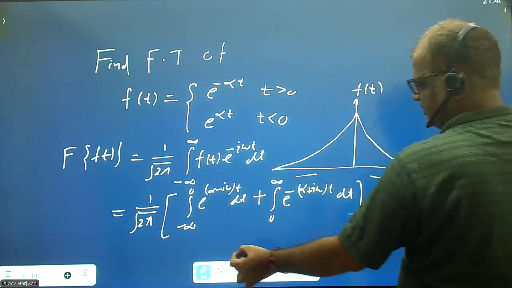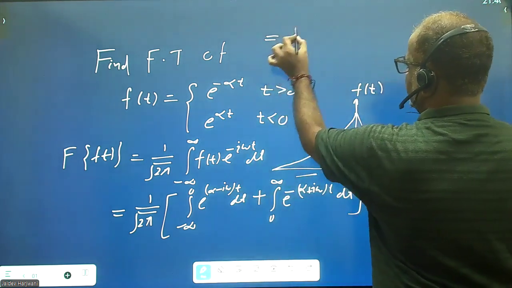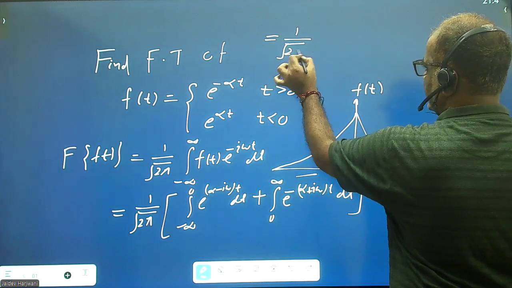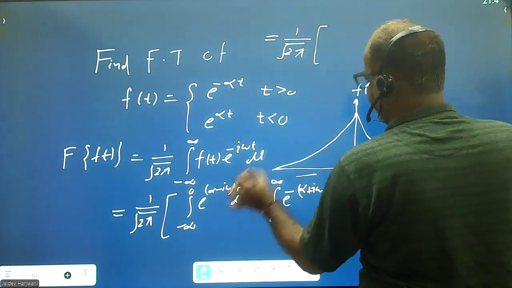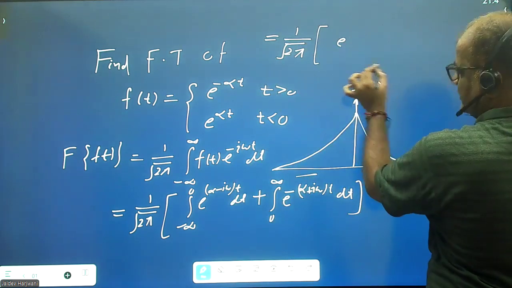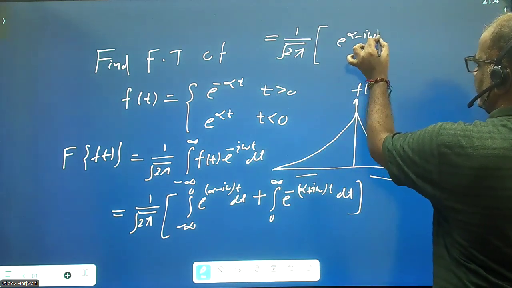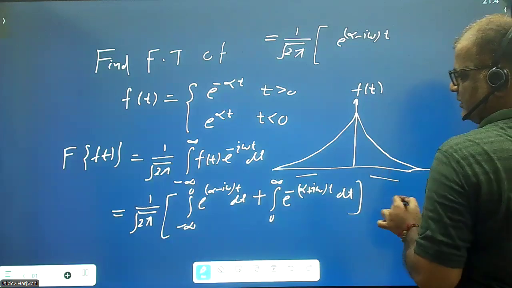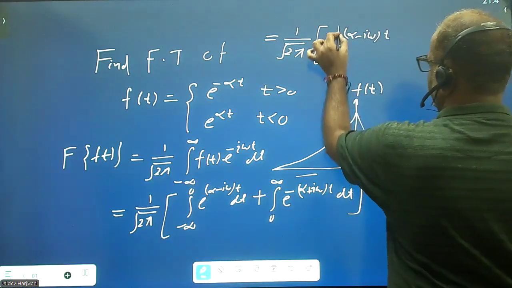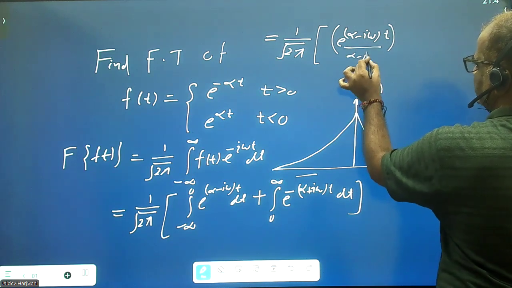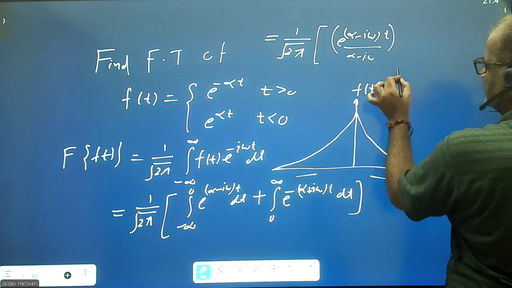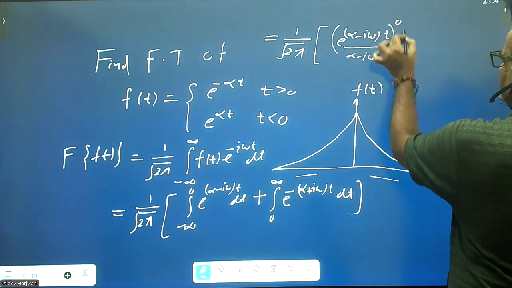If I integrate this function, this will give me 1 upon root 2 pi, e power alpha minus iota omega t divided by alpha minus iota omega, with the limit minus infinity to 0.